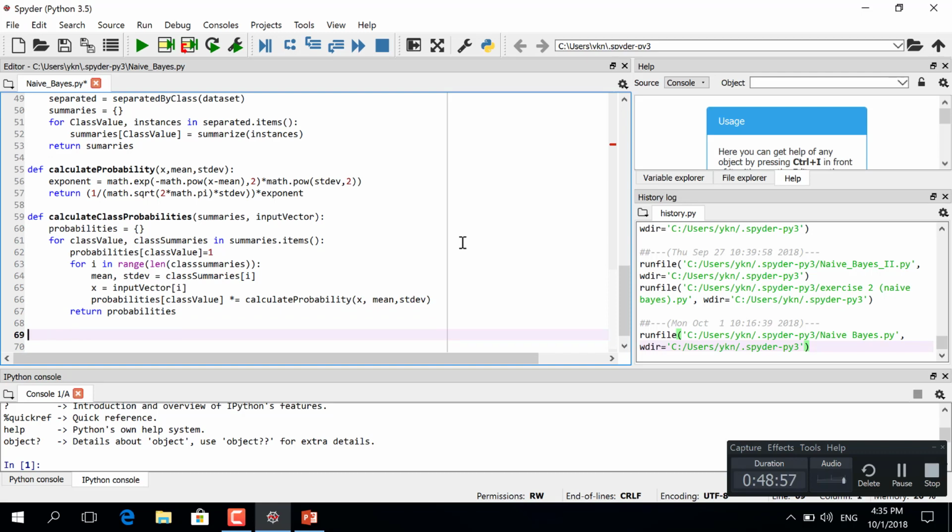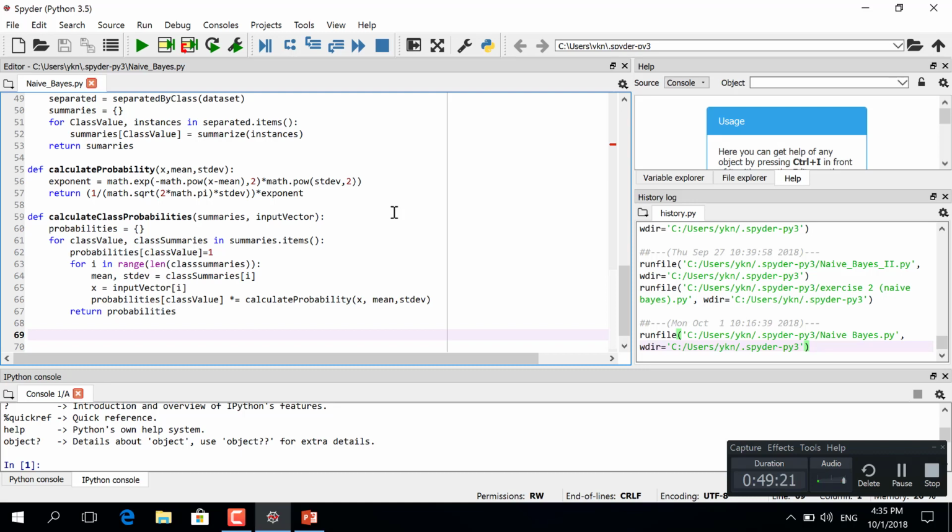After calculating the class probability, I think overall we have already counted everything and included all the computation necessary to make a prediction.